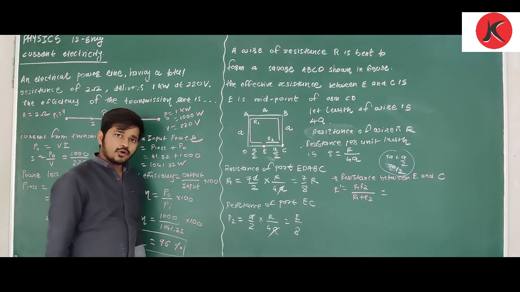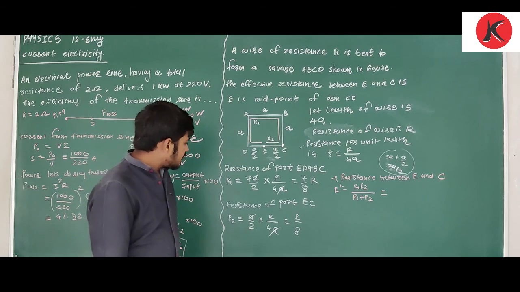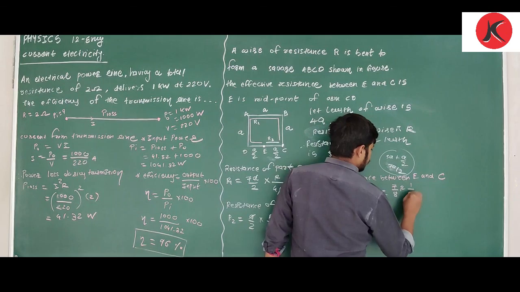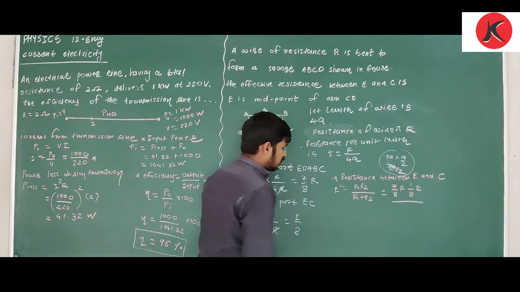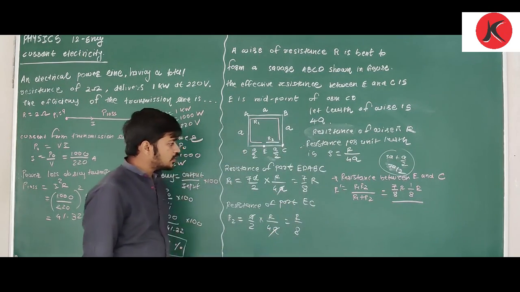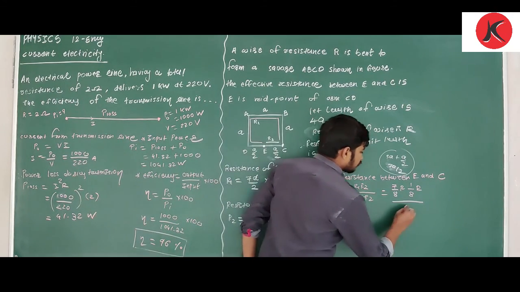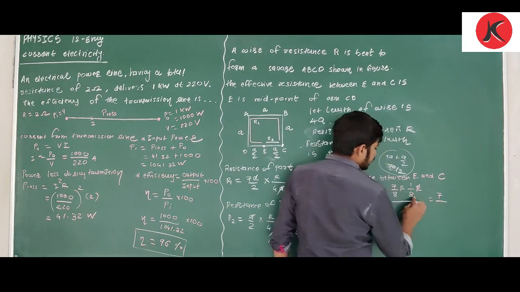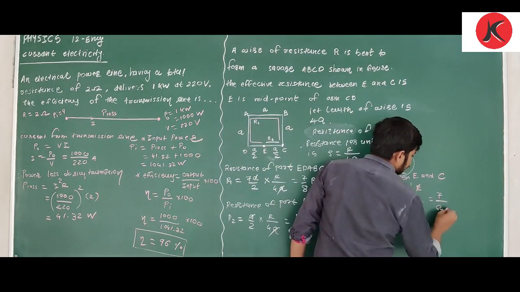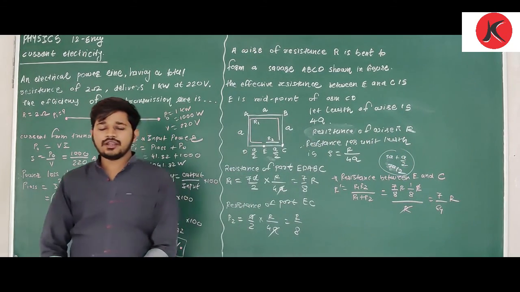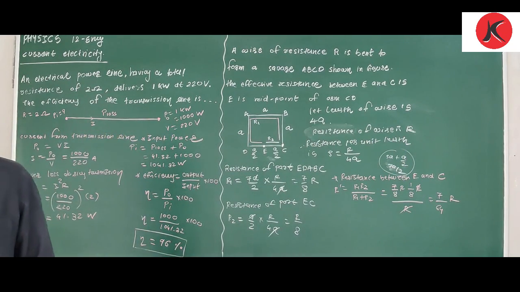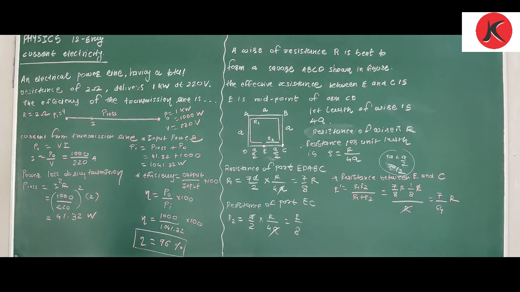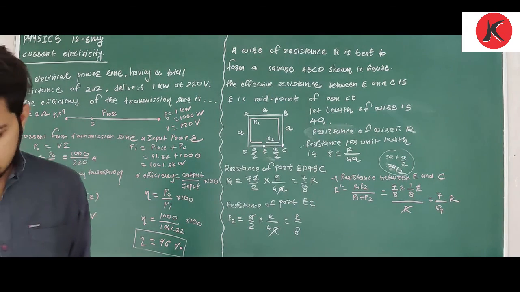R1 R2 means 7 by 8 R times 1 by 8 R, and what is R1 plus R2? It will be directly R. So R cuts, and it is 7 over 8 into 8, which is 64. So it is 7 divided by 64 R. Clear about this? It is one easy question.